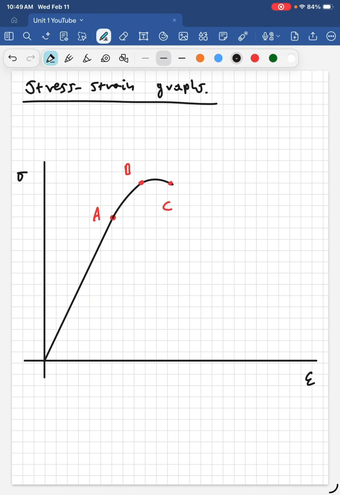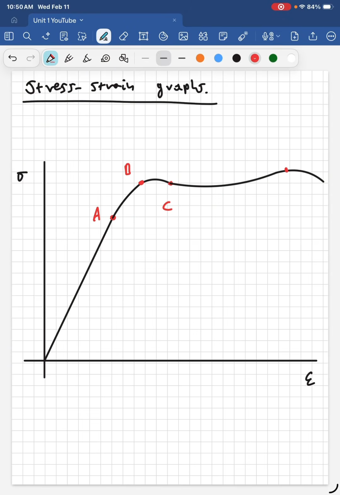And then if we keep increasing, we will see something like this. Something like this maybe, and then we have something like that. Great.